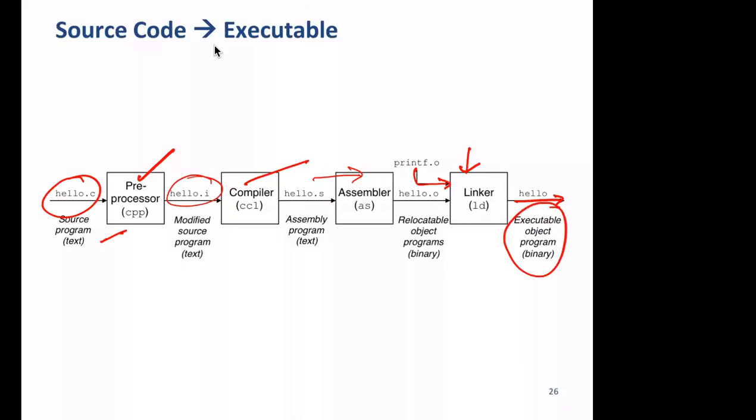Okay, now do you think that here the output will have both your program, hello corresponding to hello.c, its machine version, and then printf function's machine version also, right? It will get associated.